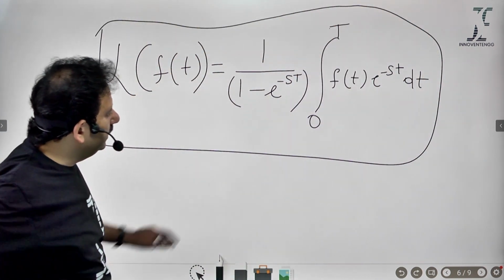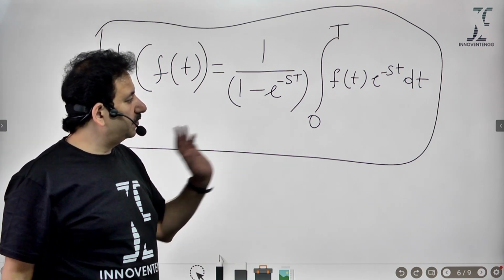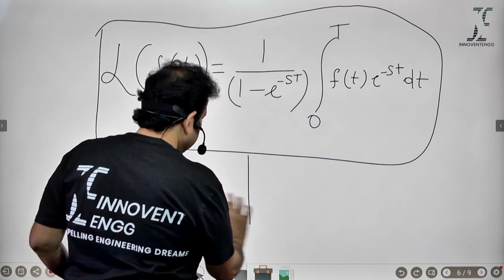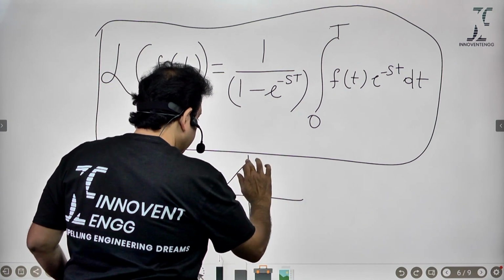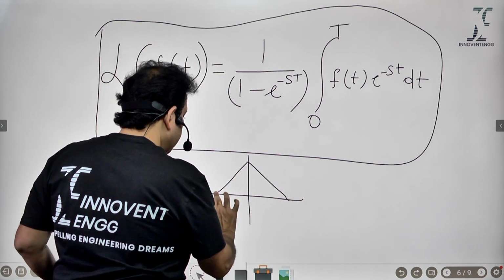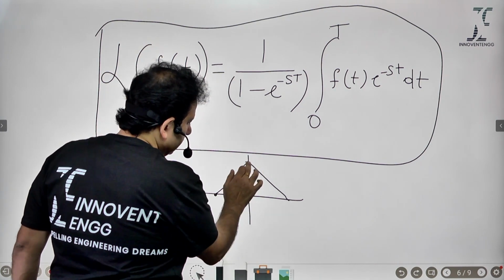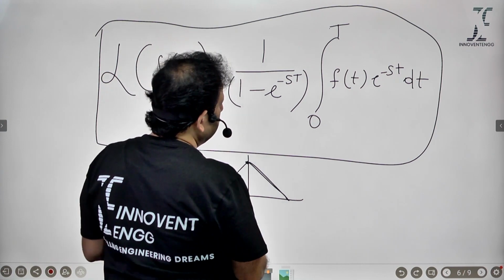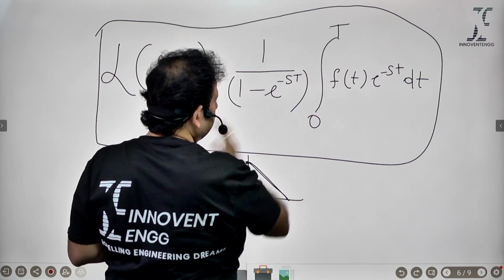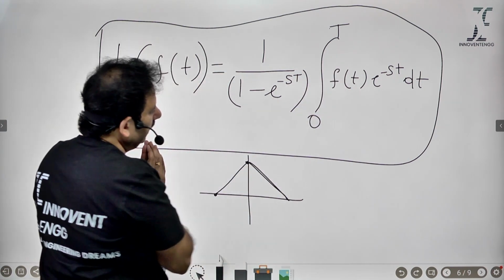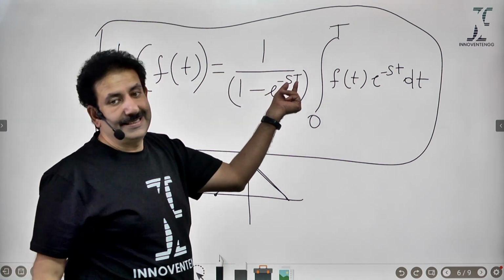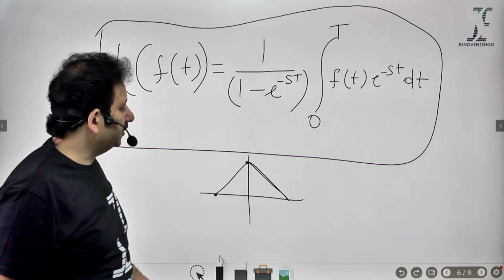If the periodic function has two components, then of course you will be splitting this integral. For example, if you are looking at a triangular wave, from here to here you will have one integral, and from this point to this point you will have another integral. But that is as far as this integral is concerned; this coefficient remains constant for both, because it is for the period T of the periodic function.